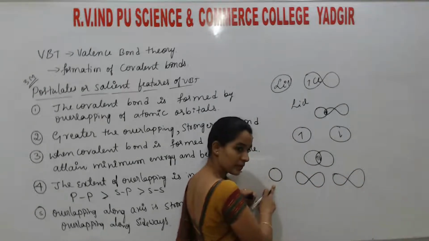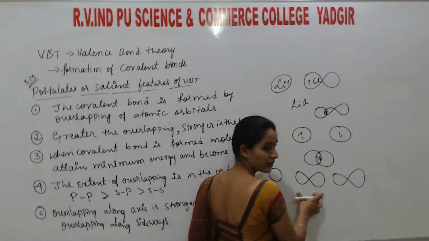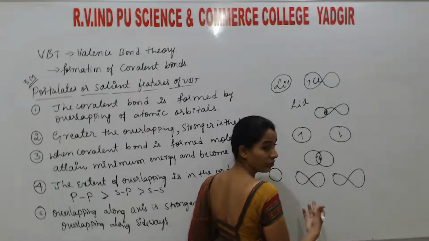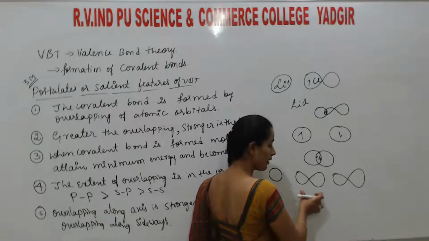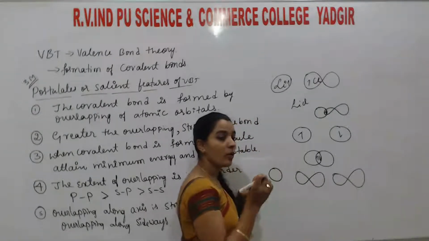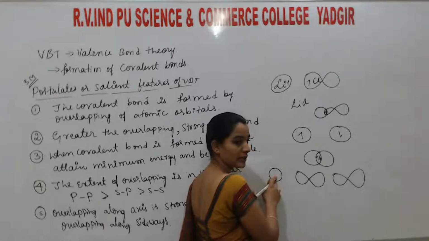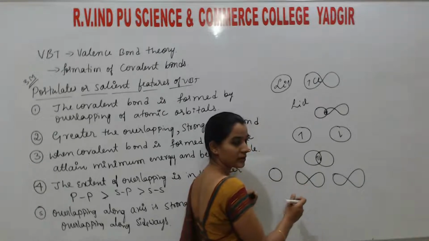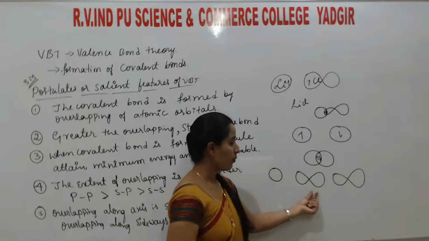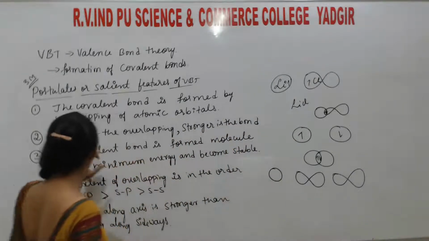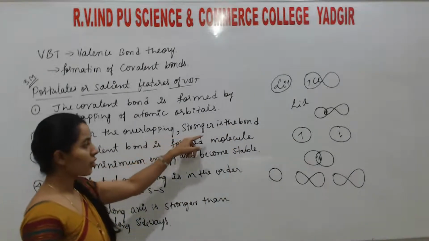Compared to the sphere, the surface of the p orbital available for bonding is more. The availability of surface for overlapping is more in the p orbital compared to the s orbital. Size matters. So here there is more surface area, and greater the overlapping, stronger is the bond.